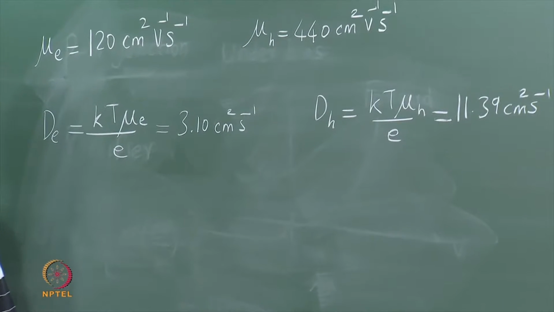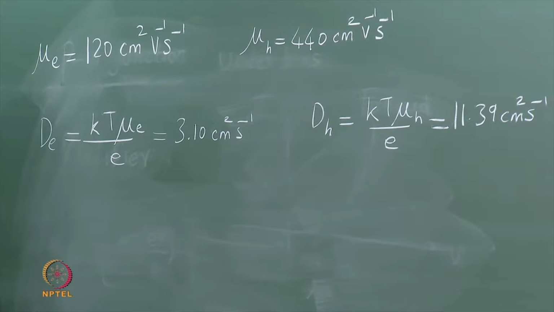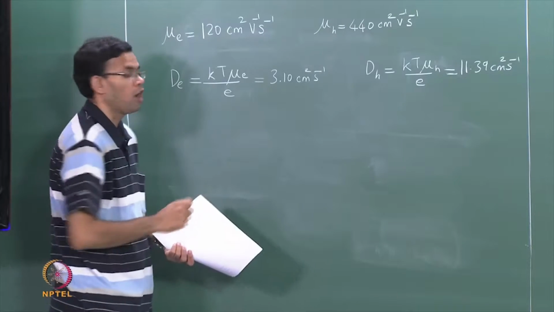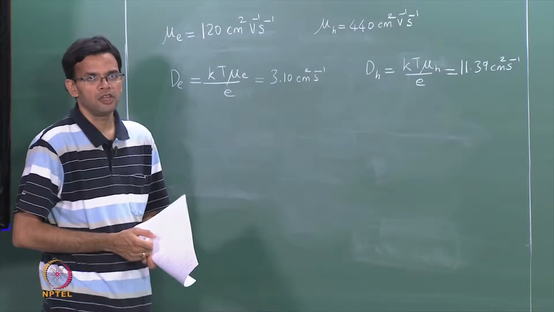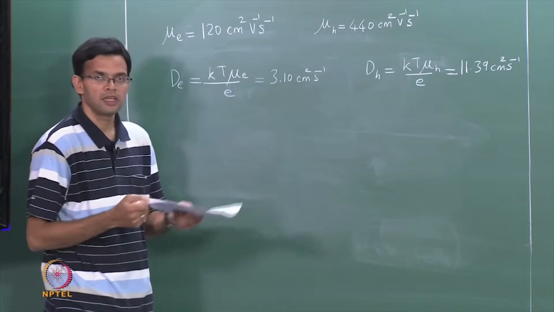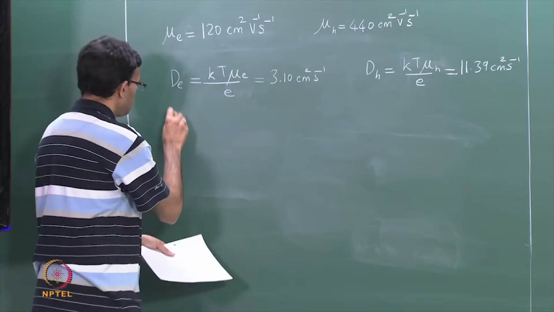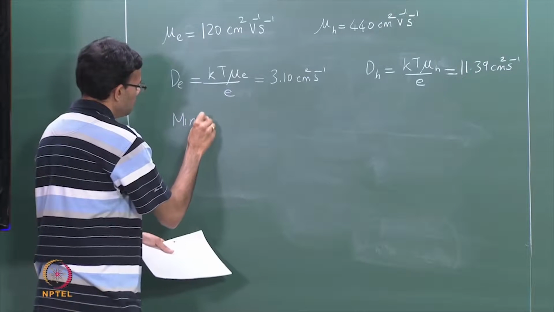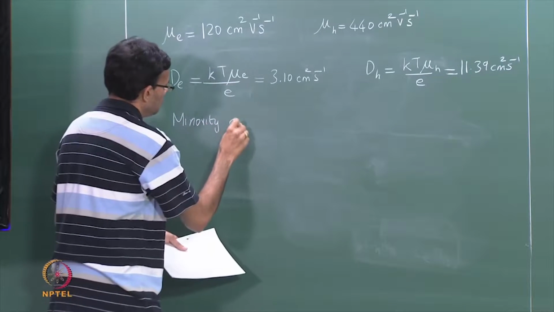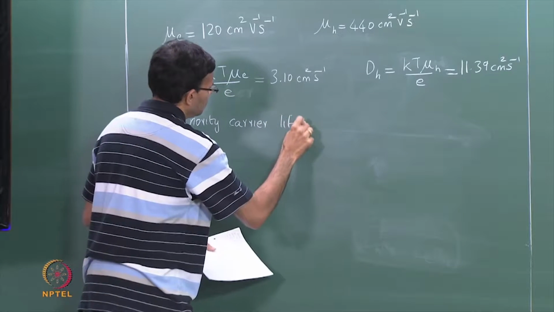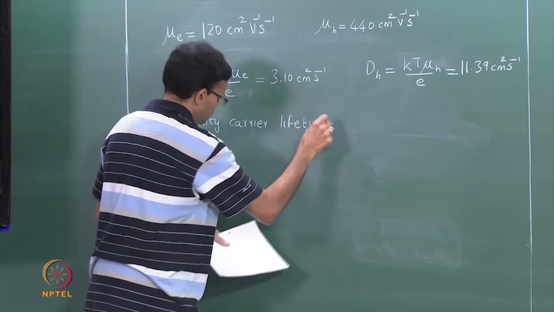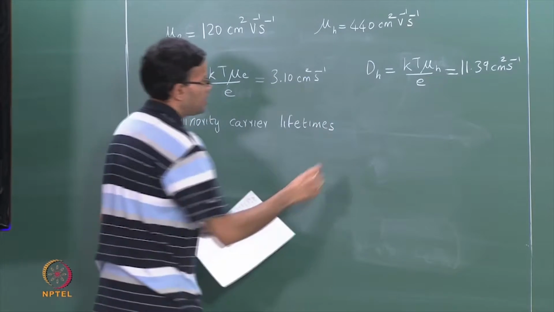Now, if we want to find the diffusion length, we should also know how far or how long these minority carriers can travel before they recombine. So, we need to know the carrier lifetimes. So, let me take the values.